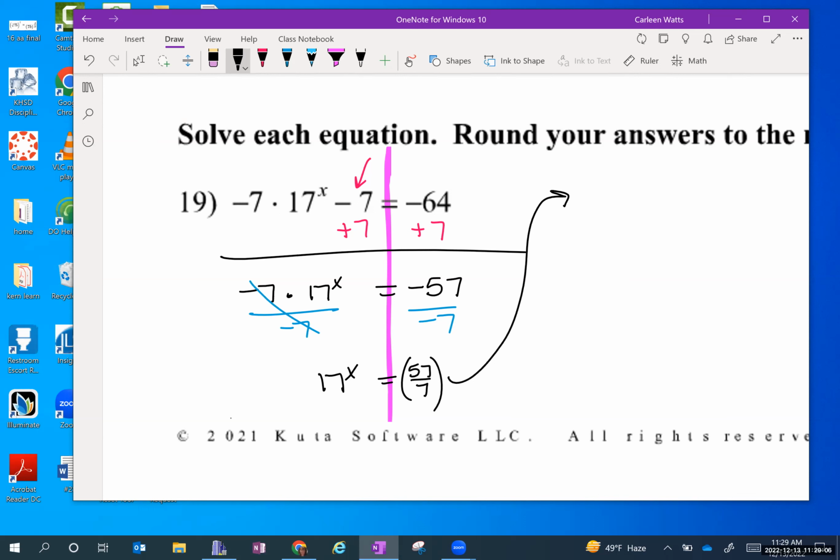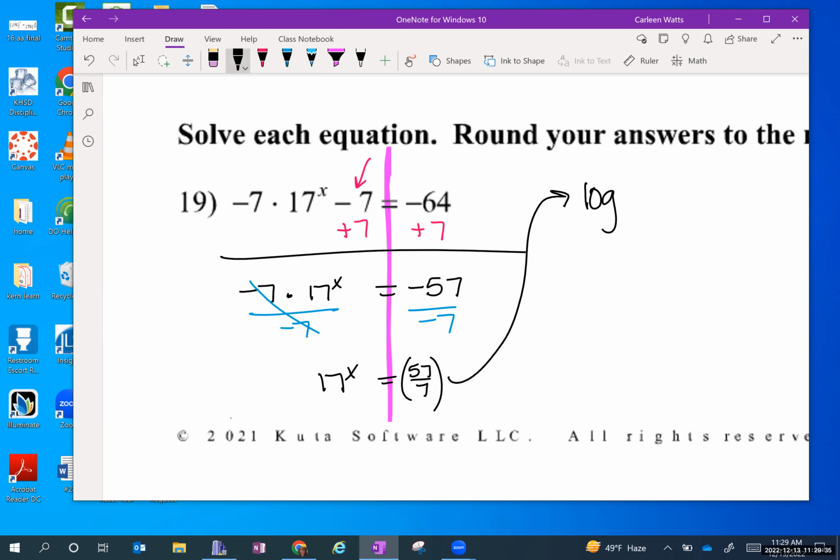I could take the square root if I knew the exponent was 2, right? If you know the exponent, you just do the root of whatever that is. But if you don't know the exponent, you can't do the root because you don't know what root to take. So we have to go from exponent form to log form.